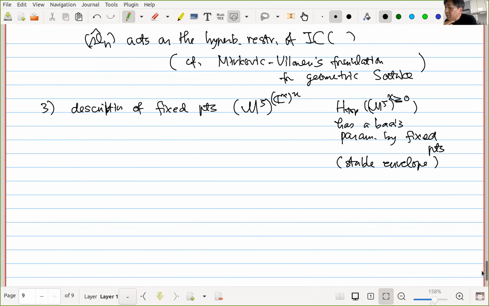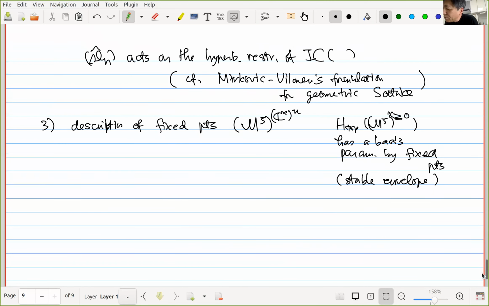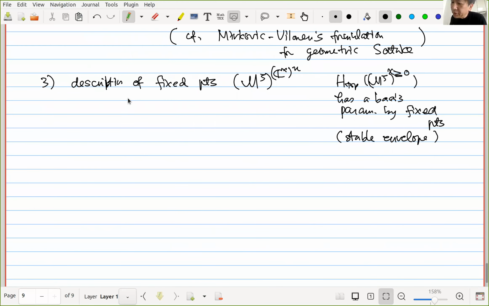Then it forms some subvariety of the top dimension, and its fundamental class is a basis. In fact, it turns out that this is not a good basis, and the stable envelope is a modification of it, having an upper triangular property with respect to this basis, which I naively explain. So anyway, it is important to describe fixed points, and this is given by Maya diagrams.